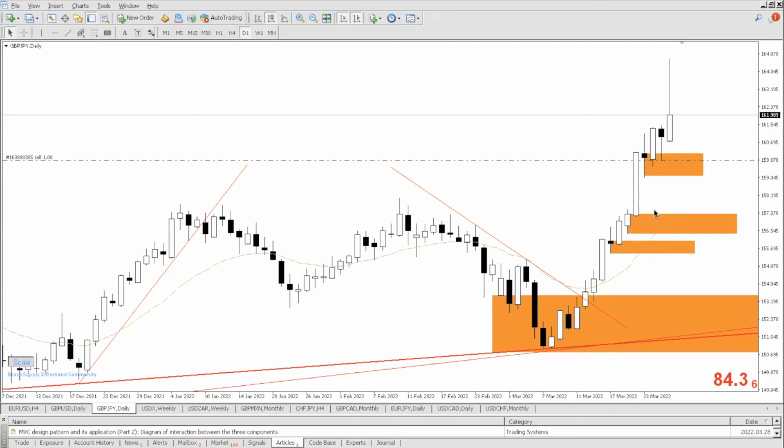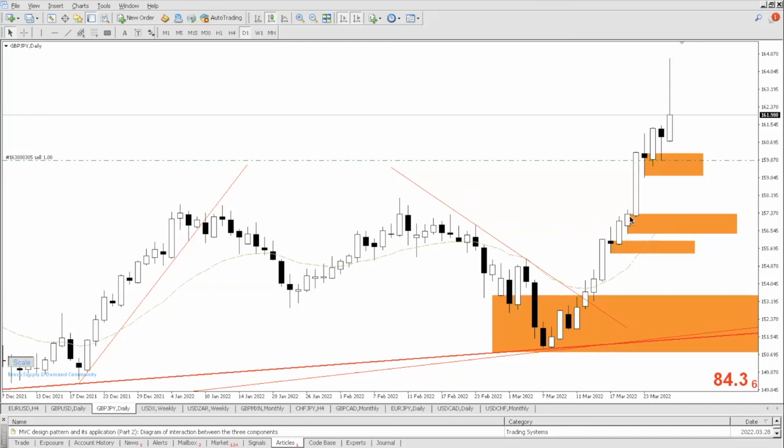It can either touch this area or this one. Okay, if it touches this area, if it comes here and breaks this area, we come and wait for it here. Why? We are not actually selling here. The only thing that we are doing is what? We are buying this pair. Okay, so why?